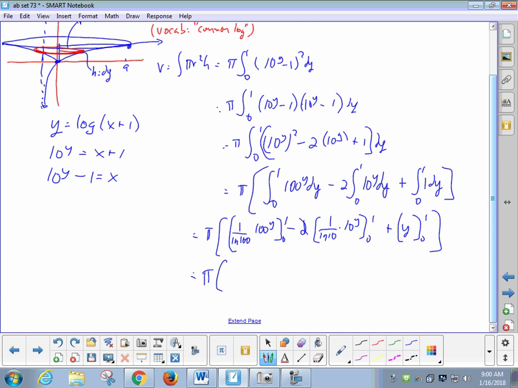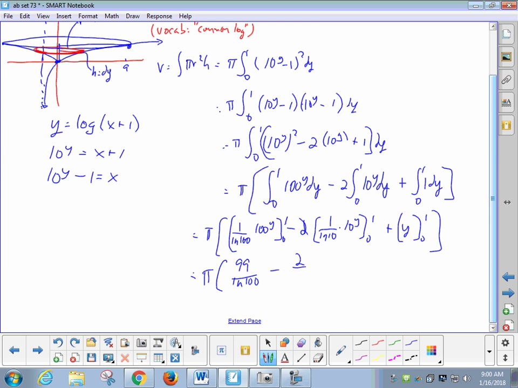What's 100 to the y from 0 to 1? It's 100 to the first minus 100 to the 0, which is 99 over natural log of 100.